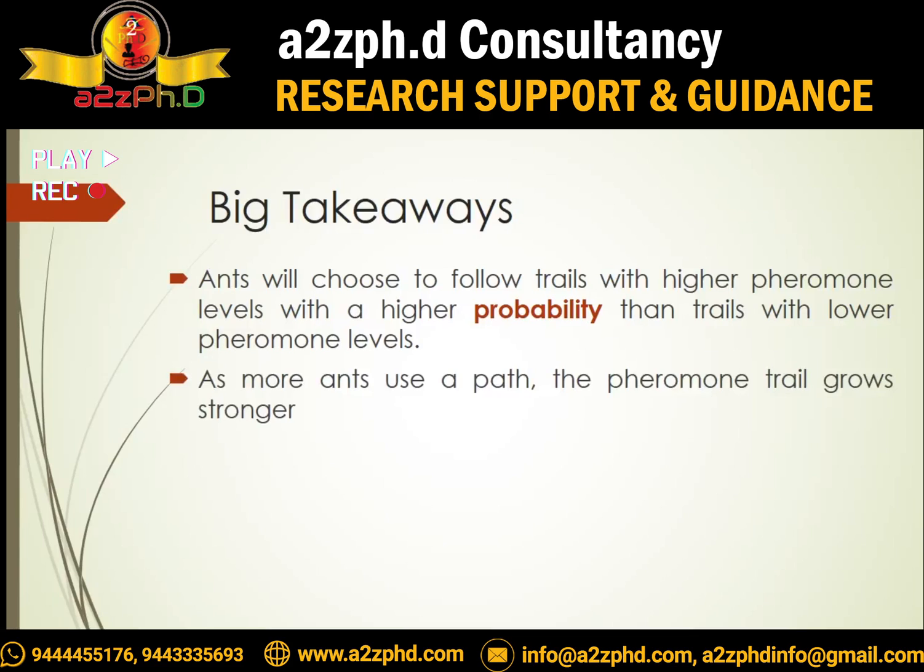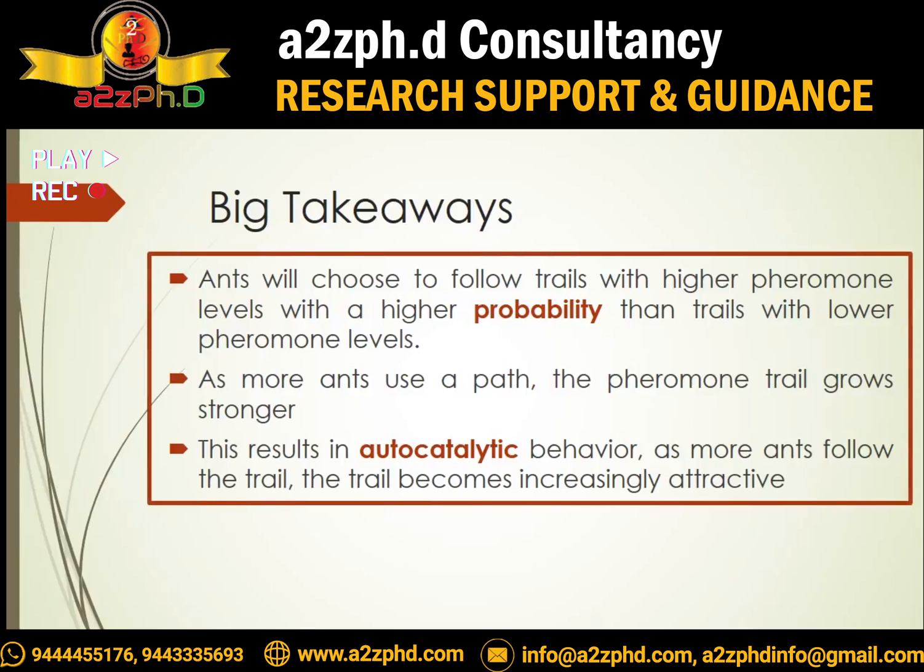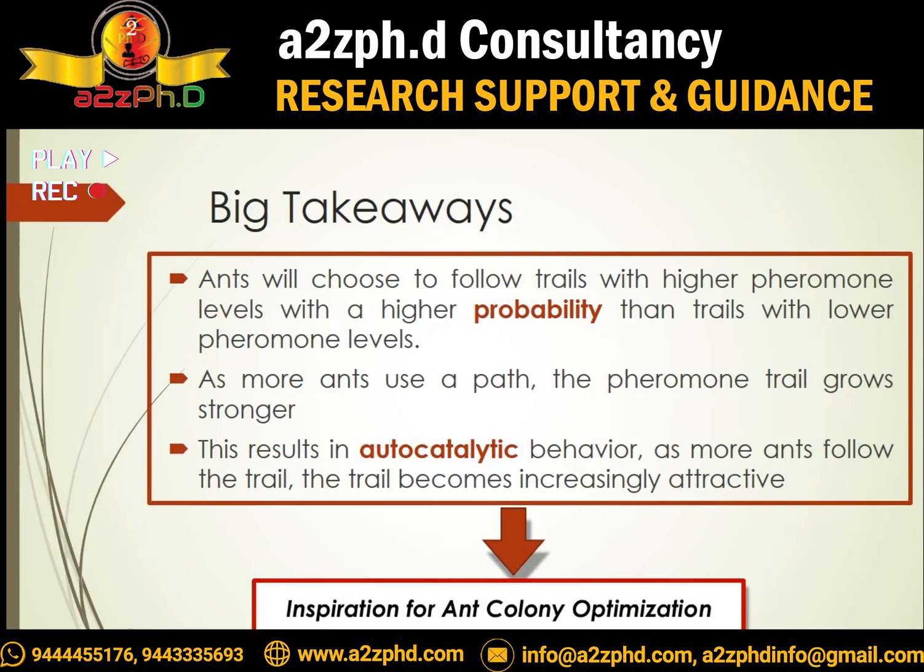As more ants use a path, the pheromone trail grows stronger. And this results in something very important. This results in autocatalytic behavior. So as more ants follow, the trail becomes increasingly attractive. And this creates a positive feedback loop. And these points are the core inspiration for ant colony optimization.